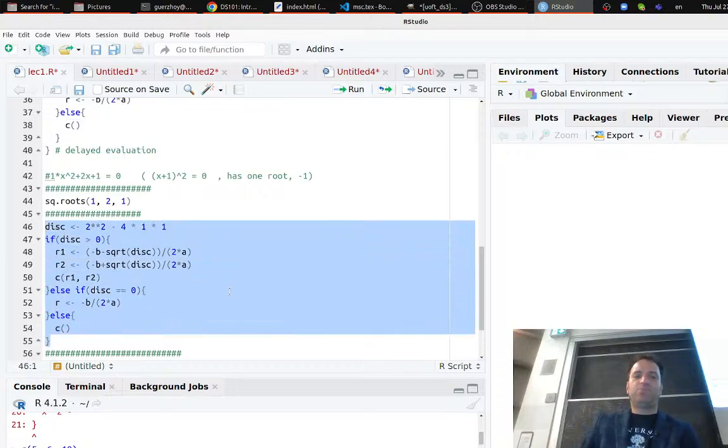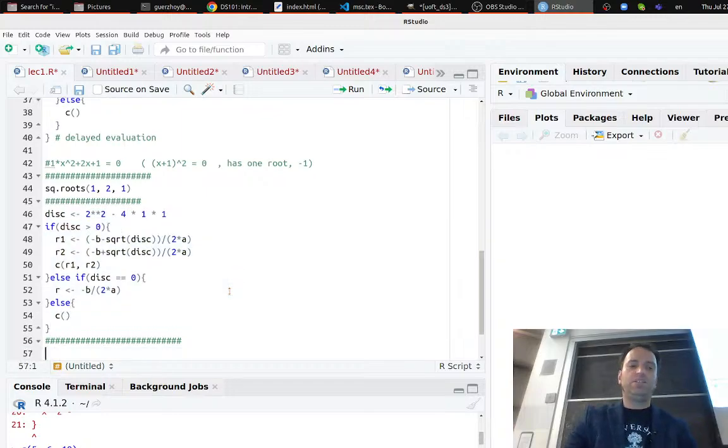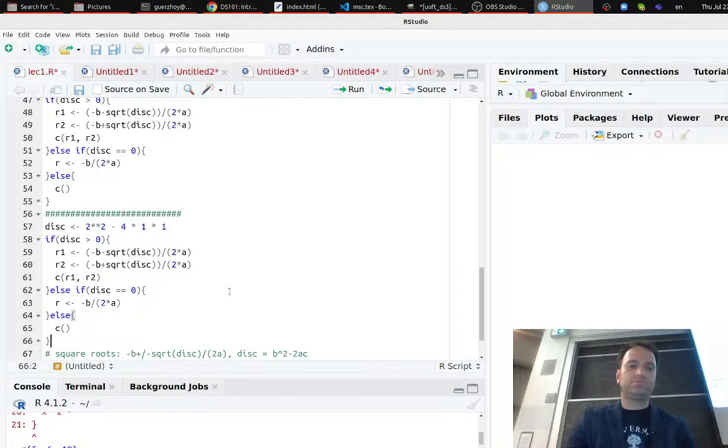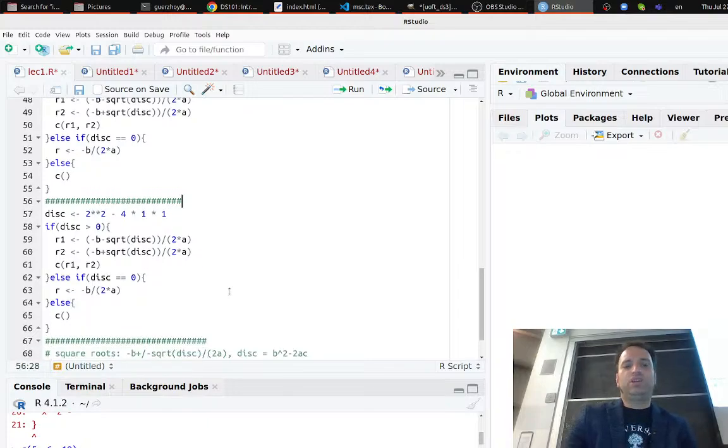The next step is to keep going and keep simplifying the expression like you would with algebra. So I'm copying this again. I didn't actually substitute everything here.